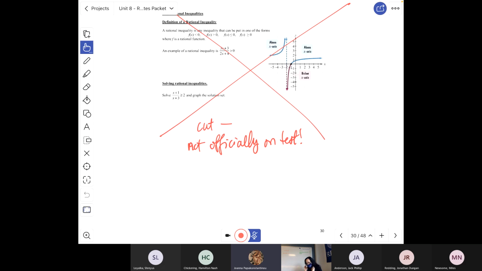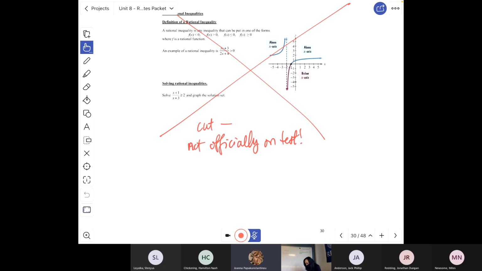I don't care how you do it. You should be able to perform operations with rational expressions, meaning multiply, divide, add, subtract. You will also have to, once you do those operations, be able to state any values that would make the expression undefined. So domain restrictions.